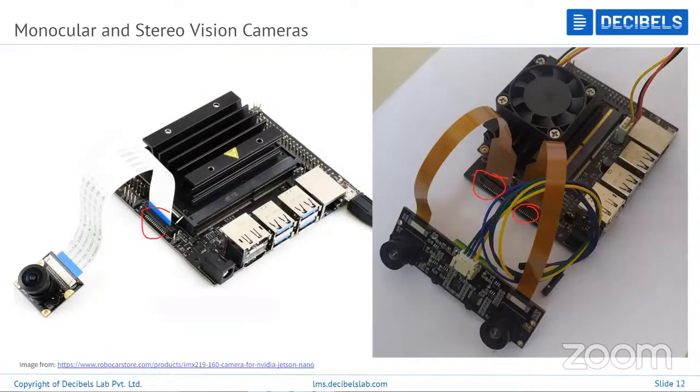There's your CSI port and your barrel jack, I mean your power supply, then your micro USB port and Ethernet port, and then your USB ports. Similarly your HDMI port: if you want to connect it to your display, these are the ports used.